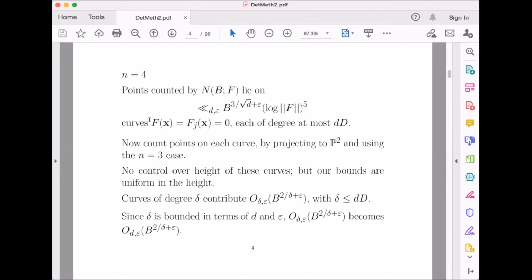And what happens now is that each auxiliary form produces points that lie on both f equals 0 and fj equals 0. So this time we have the intersection of two surfaces. So this is producing some sort of curve in 3-space. And again, the overall degree of this curve is bounded by at most d times capital D. So it's bounded independently of capital B.